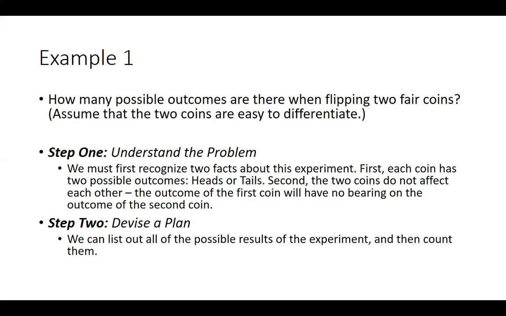First, each coin has two possible outcomes, heads or tails. Second, the two coins do not affect each other. The outcome of the first coin will have no bearing on the outcome of the second coin. Step 2, devise a plan. We can list out all of the possible results of the experiment and then count them.